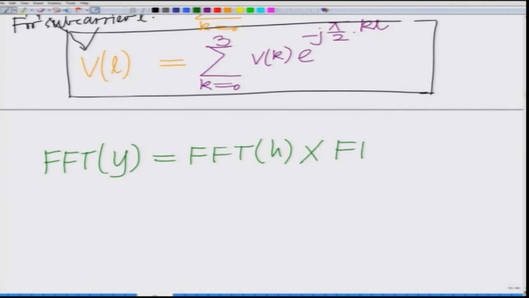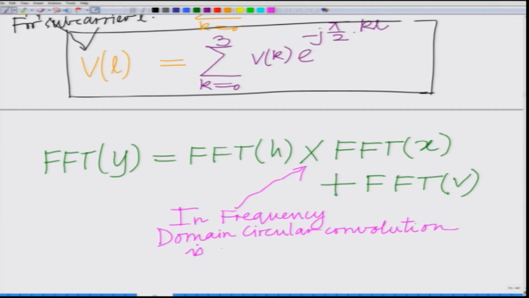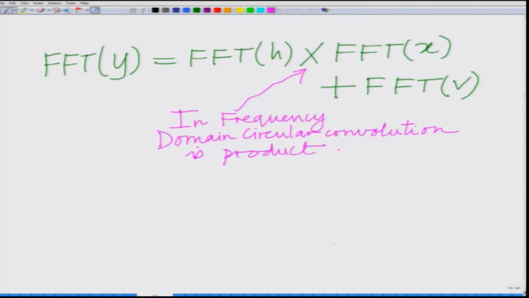This is important to remember: in the frequency domain it is simply a product, because circular convolution becomes a product. It is the product of the corresponding frequency components across each subcarrier.